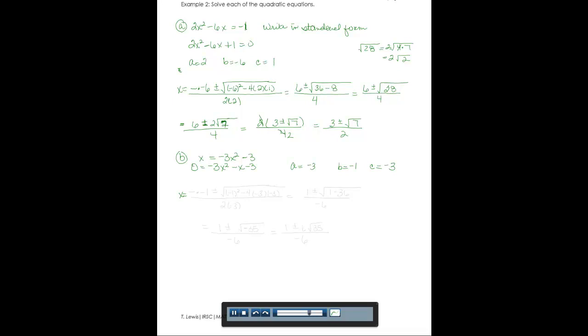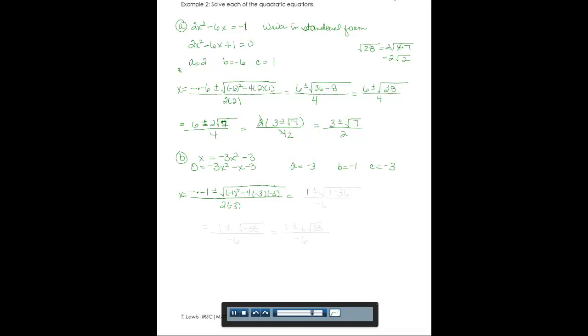So we have x is equal to negative times negative 1 plus or minus the square root of the quantity negative 1 squared minus 4 times negative 3 times, that's AC, negative 3, all over 2 times negative 3.